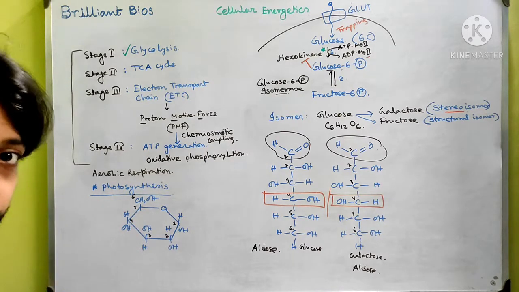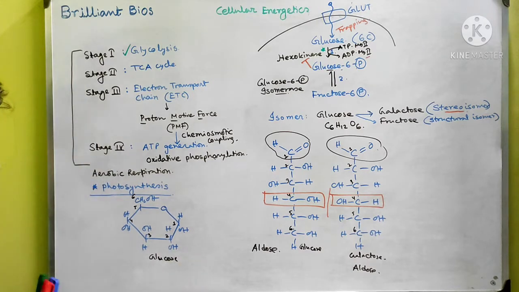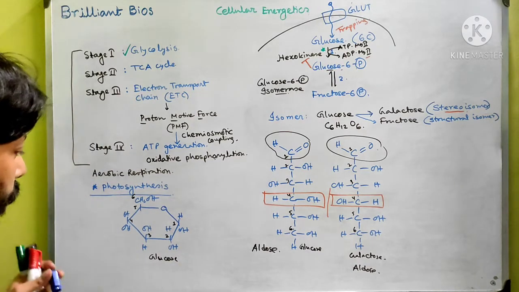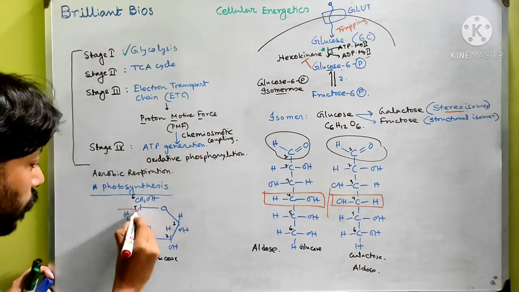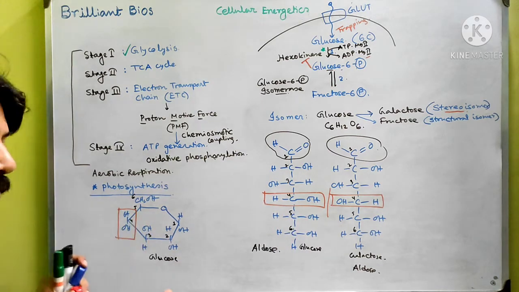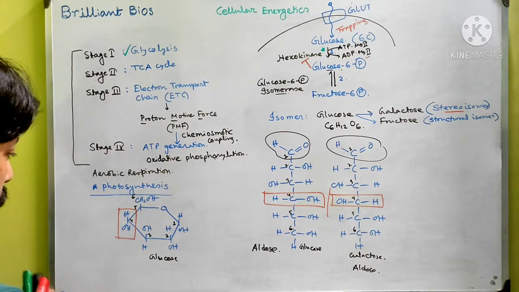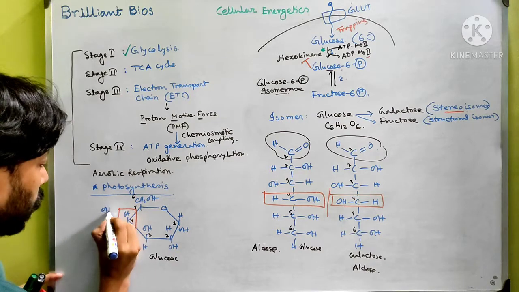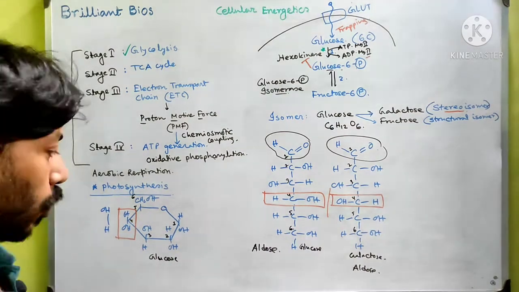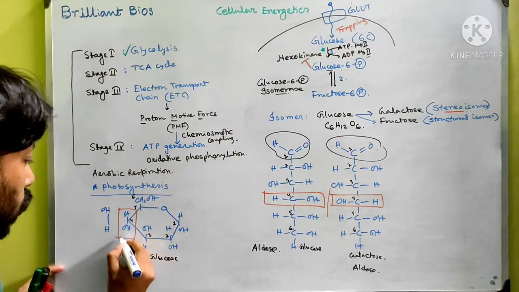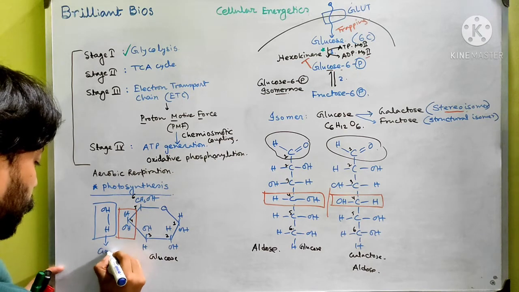And this is the glucose. The structure of galactose will be the same, but the difference will be here, at the fourth carbon. In case of galactose, the orientation will be opposite. OH will be on the top and H will be on the lower side. So this is the only difference between glucose and galactose.